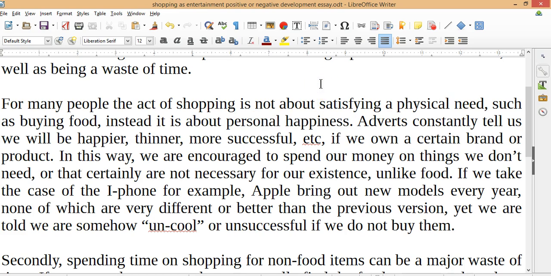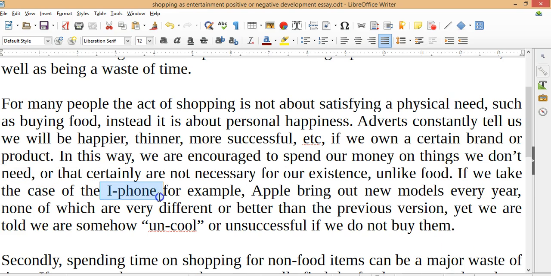Okay, so we need to move on now. Adverts, so now I'm talking about advertisements, constantly tell us that we will be happier, thinner, more successful if we own a certain brand or product. So you see how the idea is moving on. In this way, we are encouraged to spend our money on things we don't need. Now, a specific example.